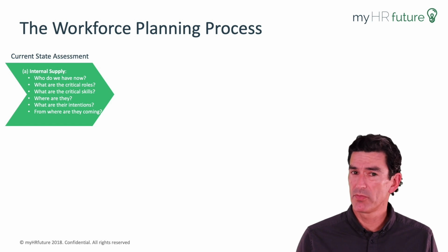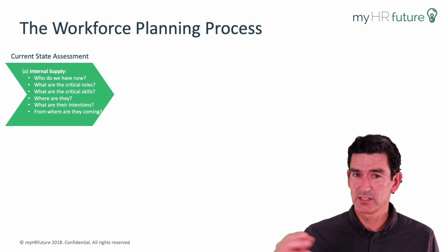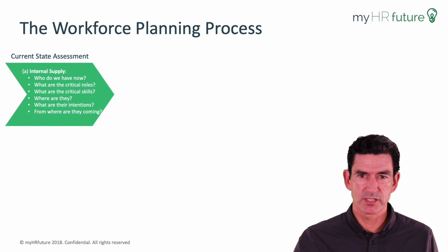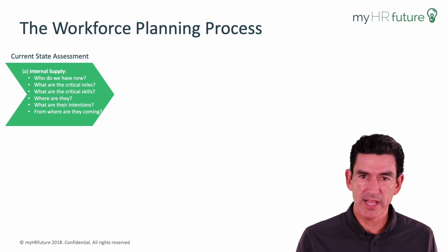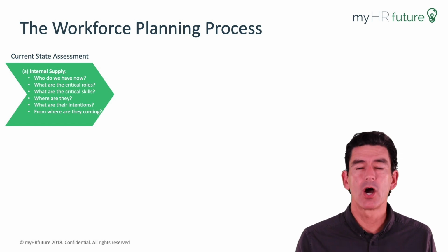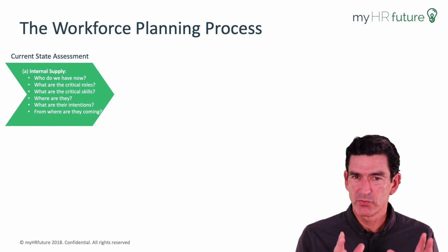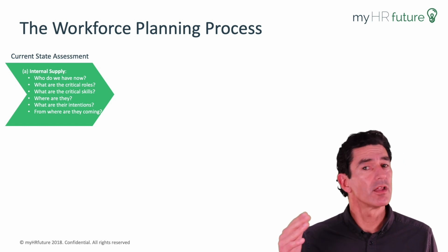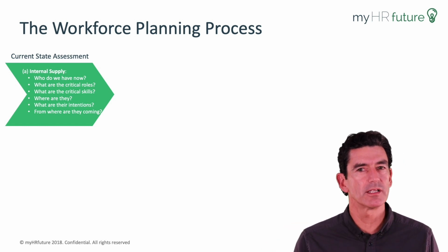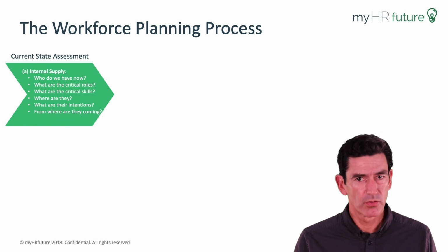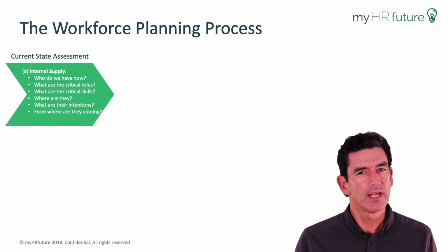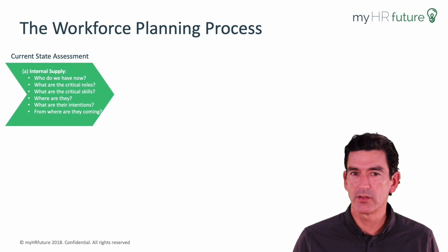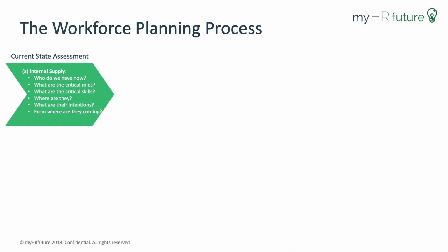If so, maybe that should inform how we facilitate movement within the organization. So we have to understand who we have in place right now, where they're going, how they're developing. If we do that, if we define it up front, then we can plan better downstream. So let's get really clear on how we're defining the workforce that we have currently. And this is going to be a salient point throughout this course.